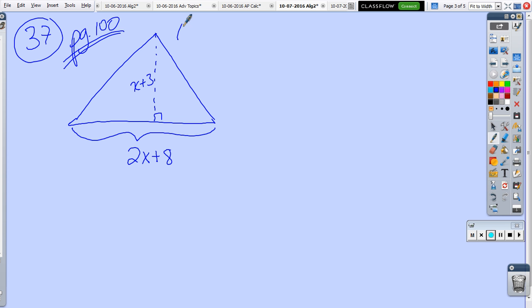And it says the area of the triangle is 42 square units. Okay, so this is going to be approached just like when we did the circle one.